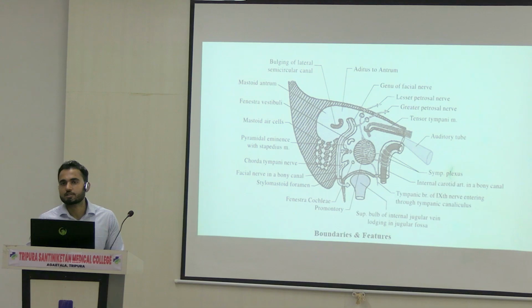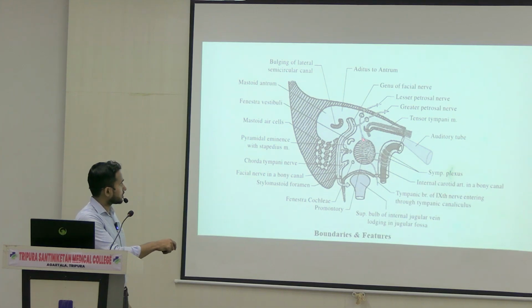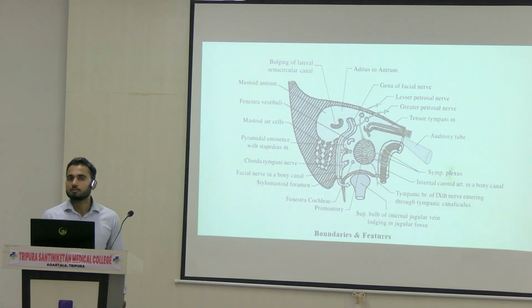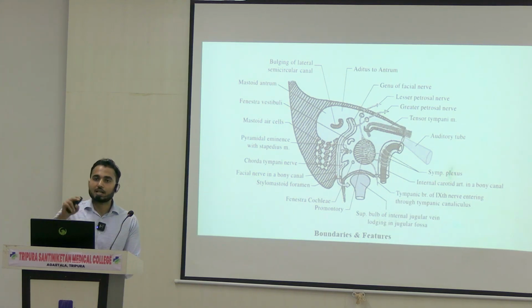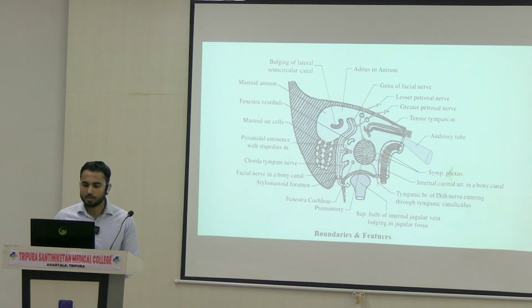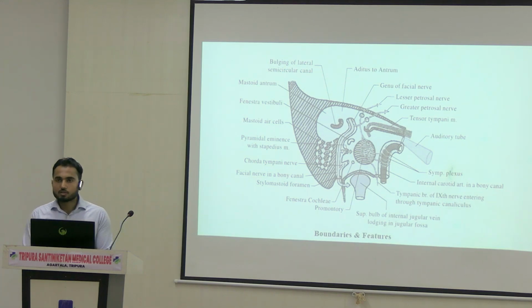And what about the lesser petrosal nerve? It is a branch of the tympanic plexus. Here the tympanic plexus is forming, and from the tympanic plexus it is going out. This is the lesser petrosal nerve. So these two nerves are piercing the roof.